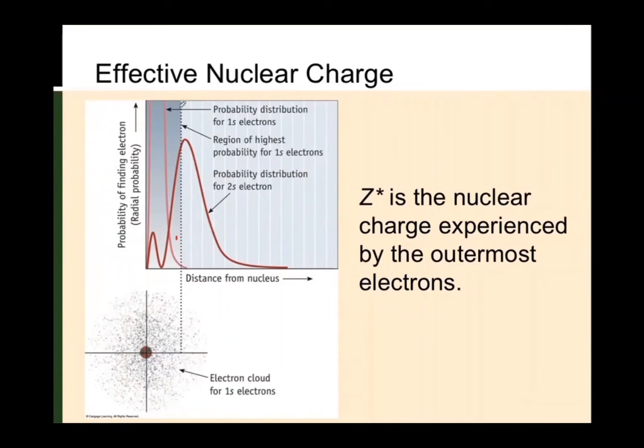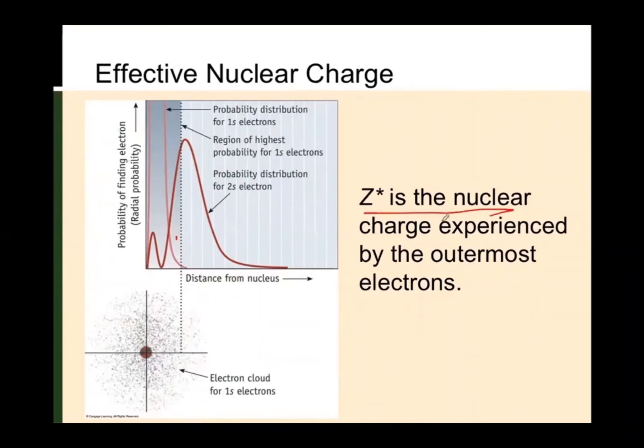This dotted line indicates the region of highest probability for 1s electrons, and we can see that they are held much closer than the 2s electrons, which are predominantly found outside of the region that the 1s electrons are found within. This is the probability distribution for 2s electrons, and it's a function of this effective nuclear charge. These electrons are found further away because they're not held as tightly.